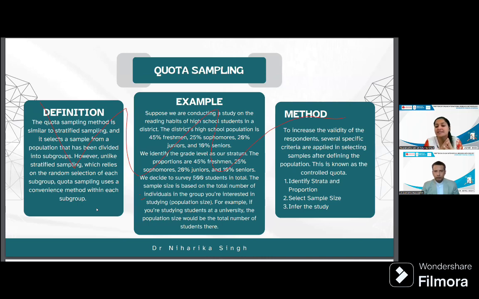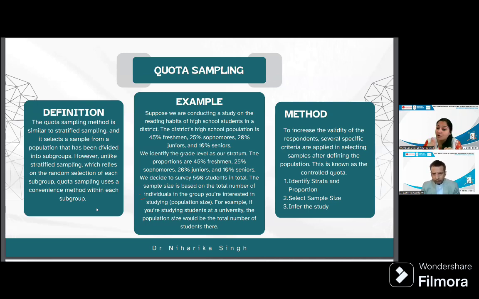Say there is a district, like I've given this example, where I want to study the reading habits of high school students in a district. This district has a high school population of 45% freshmen, 25% sophomores, 20% juniors, and 10% seniors.